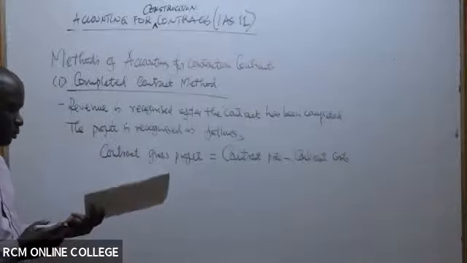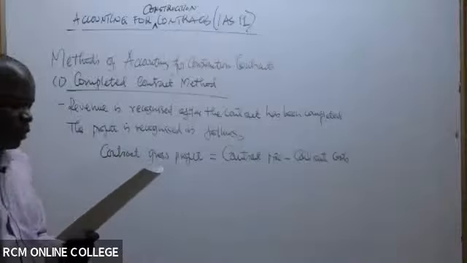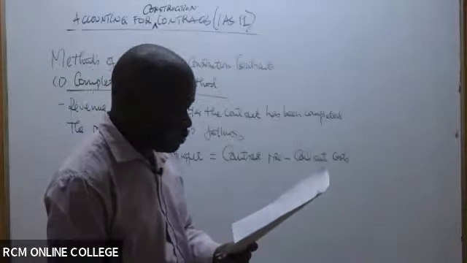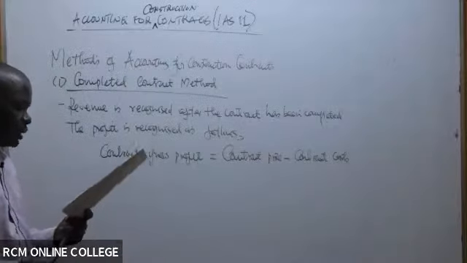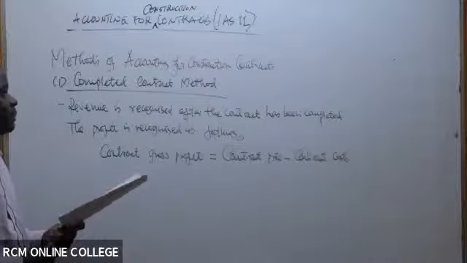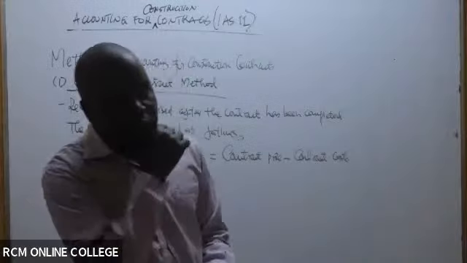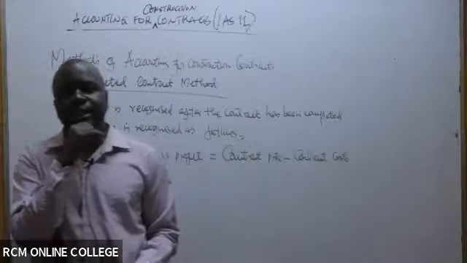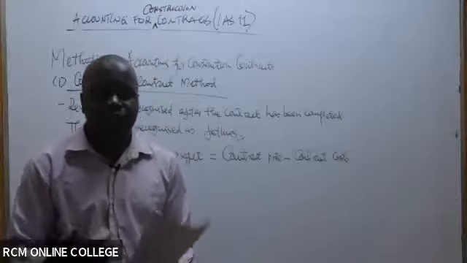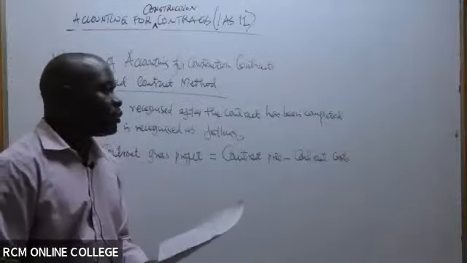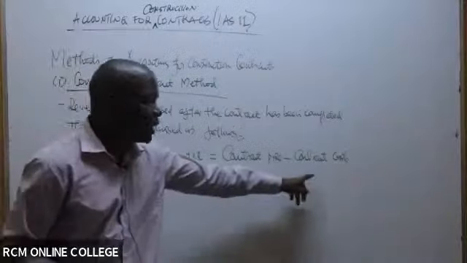So that is what you mean by the completed contract method. This particular method can be applied majorly where, for example, it is not easy to estimate the costs of the entire contract before you undertake it. You must complete the contract for you to know what could be the total costs you would have incurred.